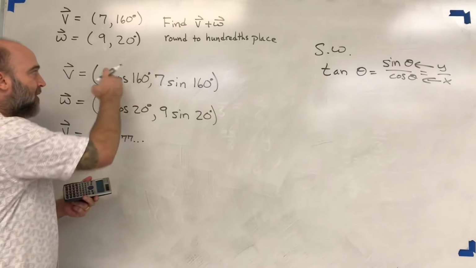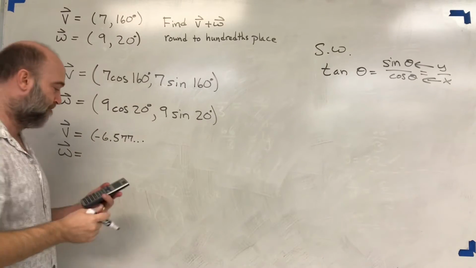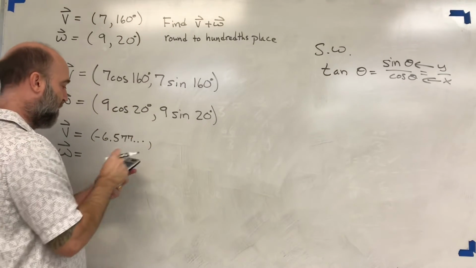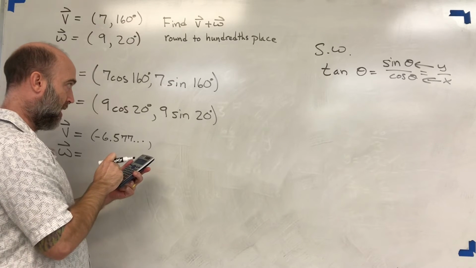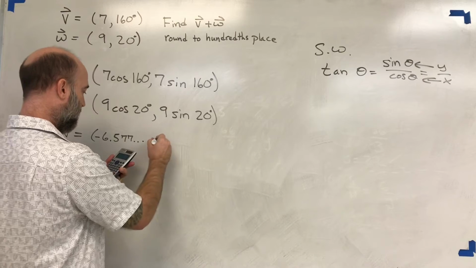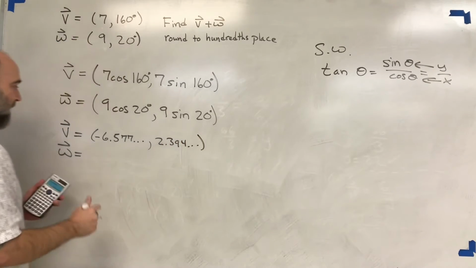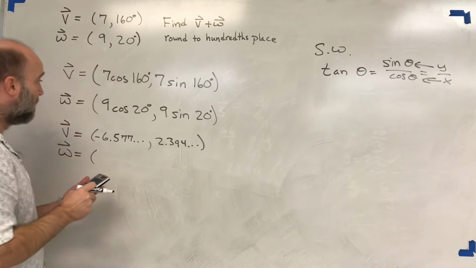You should be able to type these same things in and match my answers as I go along. Comma, the y component, 7 sine 160 equals 2.394... There are the decimal representations for those.